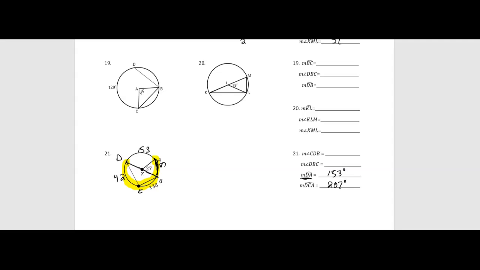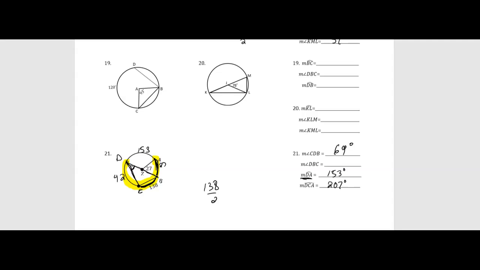Angle CDB. So angle CDB is this angle right here, created by these two. So that's forming this arc right here, which is 138. It's an inscribed angle. It has to be half of 138. So divide that by 2. Should get 69 degrees.